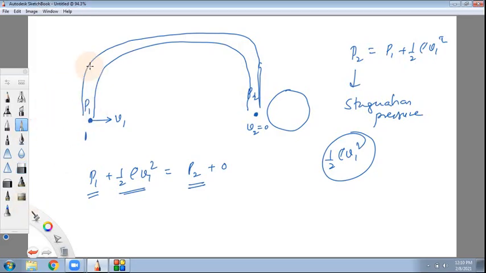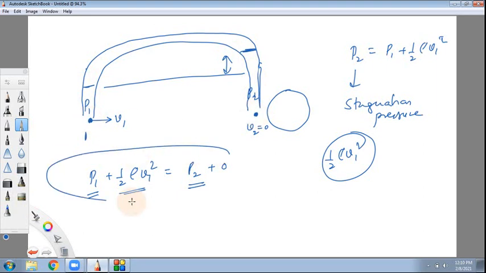Here you have some liquid going to a certain height, and here a liquid going to a greater height. Why greater height? Because this pressure is more. The difference in heights gives you the difference in pressure p2 minus p1, which by Bernoulli comes out to be the dynamic pressure. So you are able to measure the dynamic pressure using a manometer, and from there, if you know the density of the fluid, you can get the speed of the fluid.